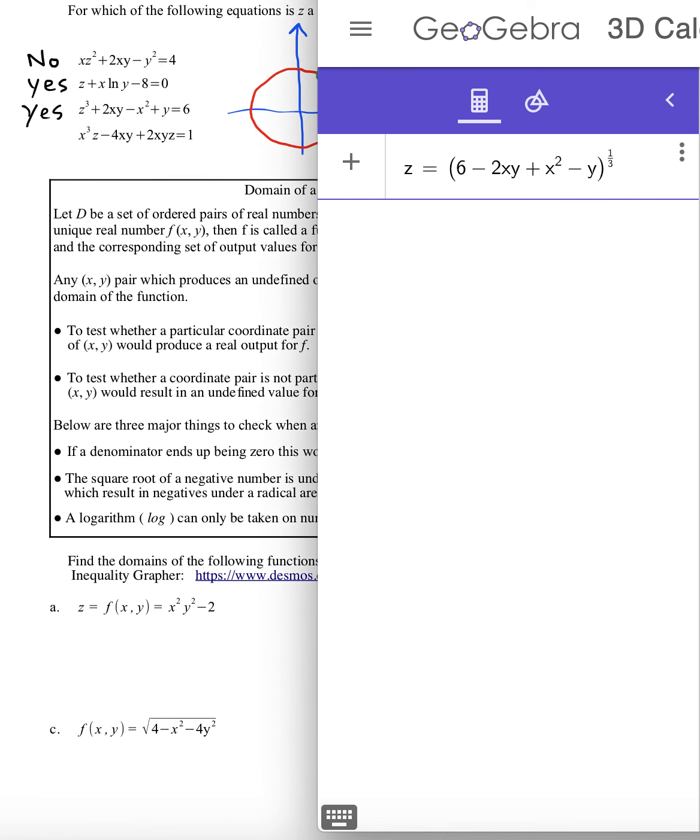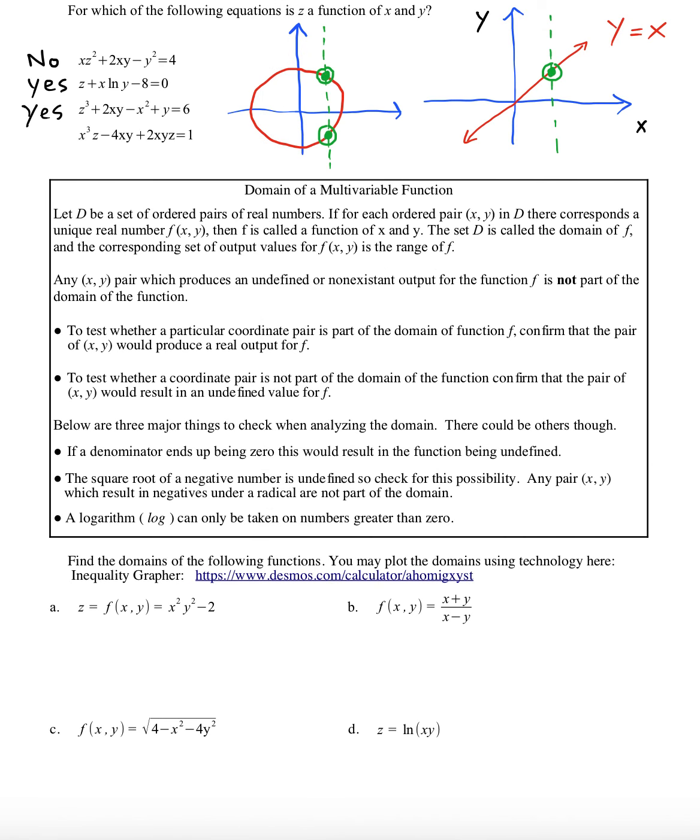The next one's going to be a little tricky because we're going to need to factor the z out. All right, so let me do that. Pull a z out front, leave behind x cubed plus 2xy, and then we'll add the 4xy term to the other side.